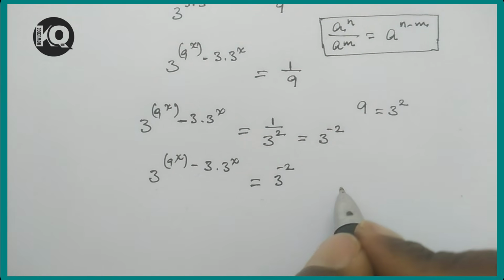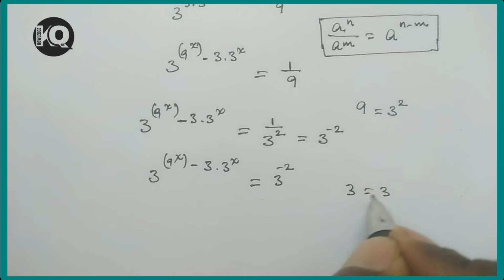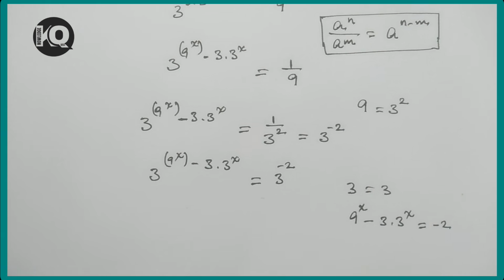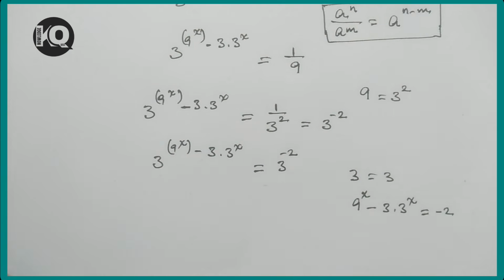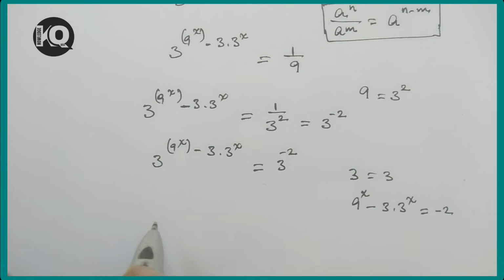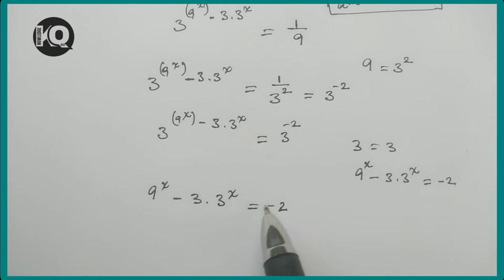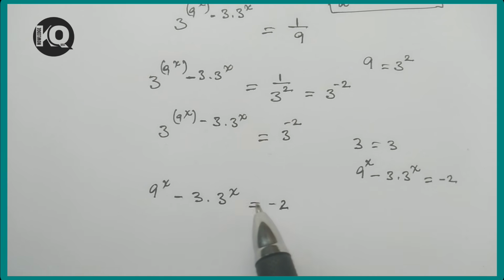So the bases are equal, and 9^x minus 3 times 3^x is equal to minus 2. Now we can add 2 on both sides of the equation.